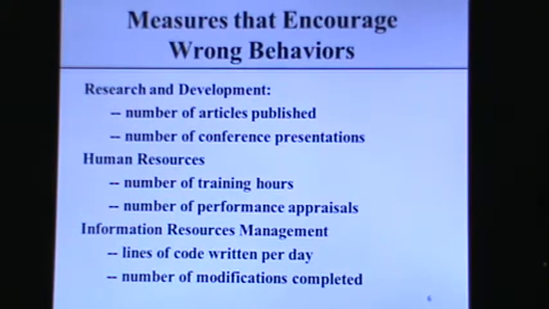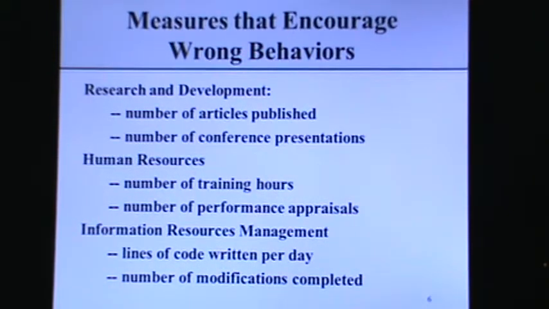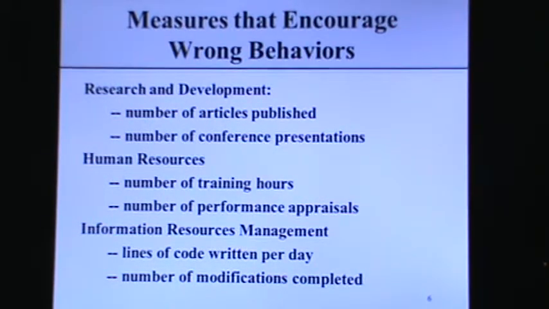Measures that encourage wrong behaviors. One of the problems you run into when you're looking at measures is measuring wrong things. In academia, we sometimes evaluate our professors' success based on the number of articles published. That has no bearing on whether the articles were quality articles published in good journals or whether those articles contributed to the body of knowledge.